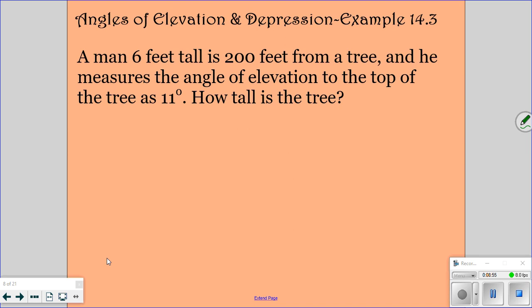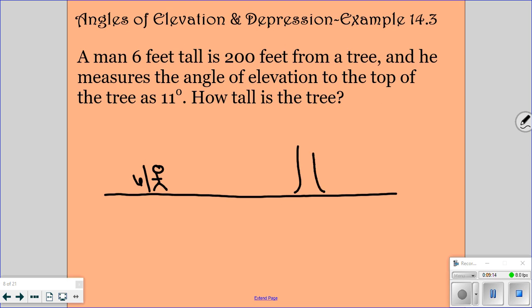So we have a 6-foot tall man. You probably want to draw a picture. And we have a tree. So here's our man. And he is 6 feet. And then we have a tree. And he is 200 feet away from the tree.